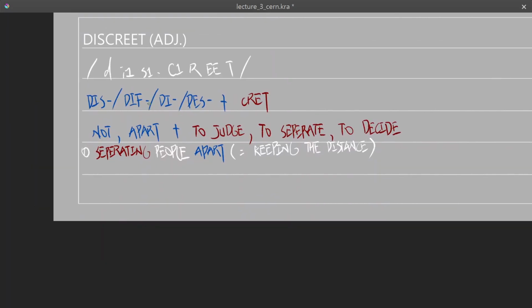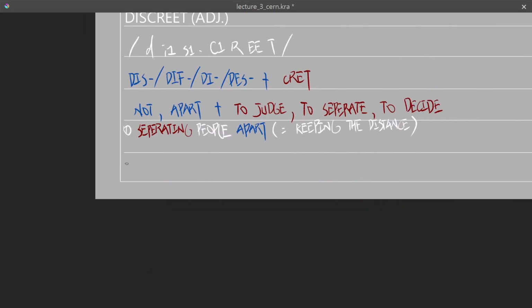So if someone is very discreet, they are likely to say or behave carefully in order not to offend or upset others.